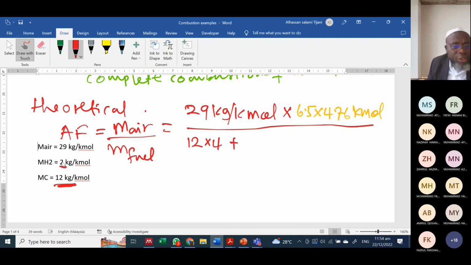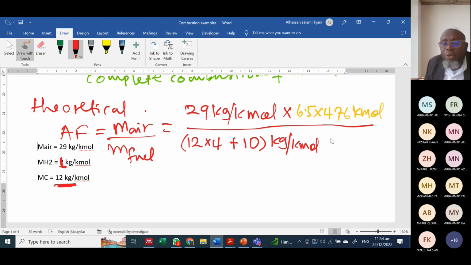Normally the hydrogen is supposed to be 1 kilogram per kilomole, so they're supposed to give us 10. I'm going to cross-check that later on.